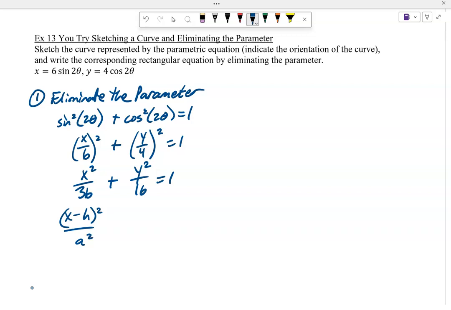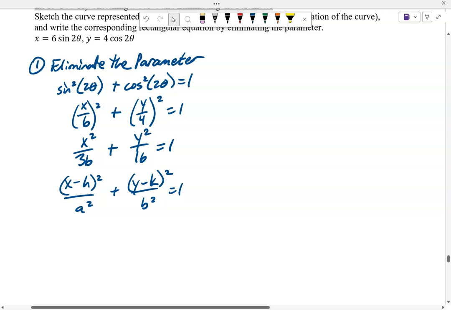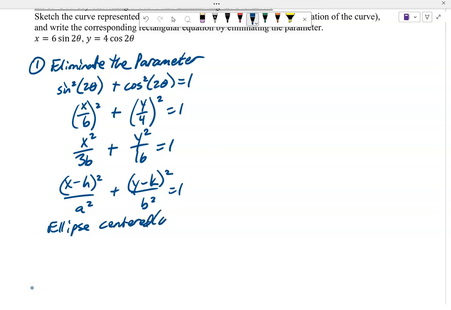A is bigger than b, so that a squared is going to be the 36 there. So the major axis is horizontal, centered at 0, 0 again. So it's elongated horizontally.